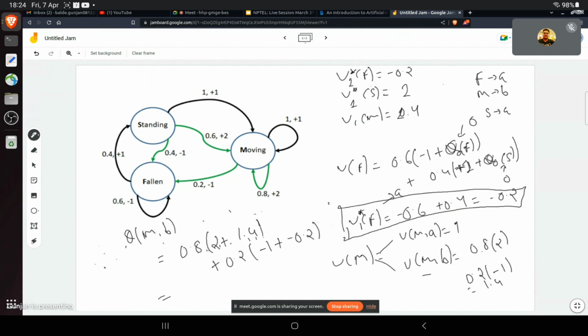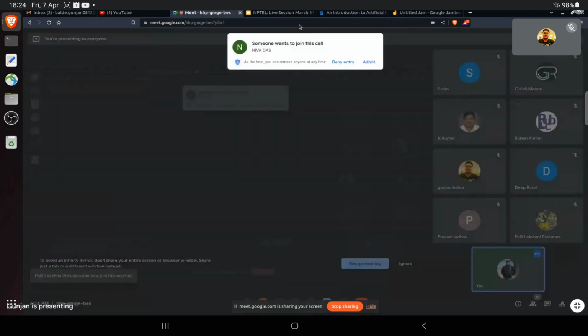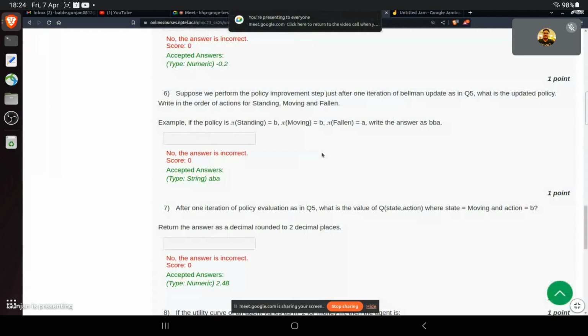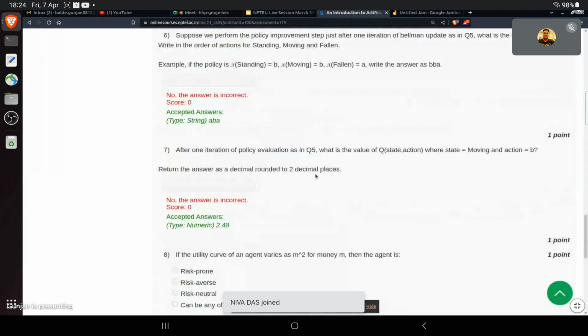So this is 3.4, and 3.4 times 0.8 is 2.72, and this value is 0.24. So ultimately you get 2.48 as its Q value. That is what was asked in the question, and you got 2.48 as the answer.